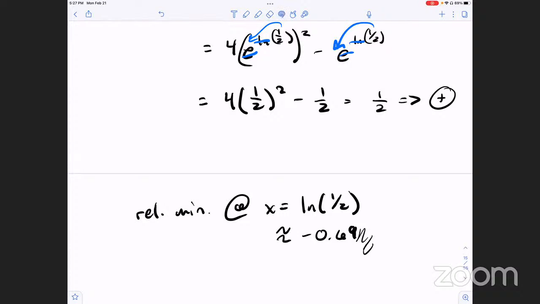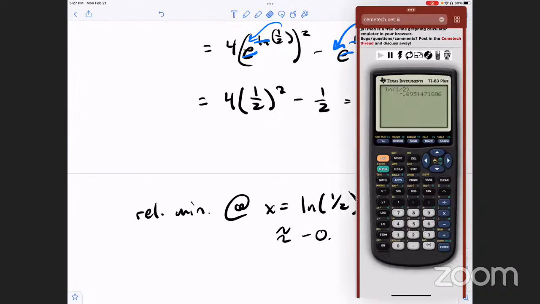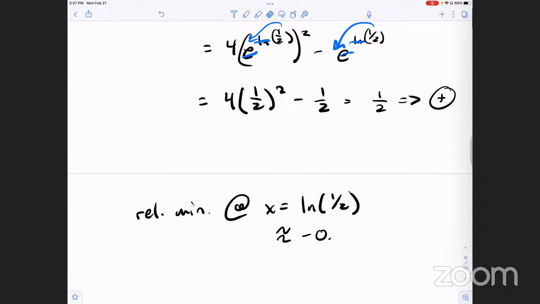We got negative 0.6931471. Okay, so that's just a decimal approximation. Then we can choose a few additional points, because this was the only critical value that we got.